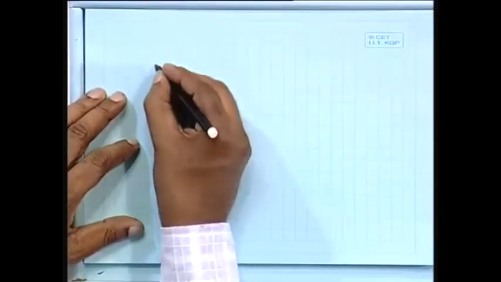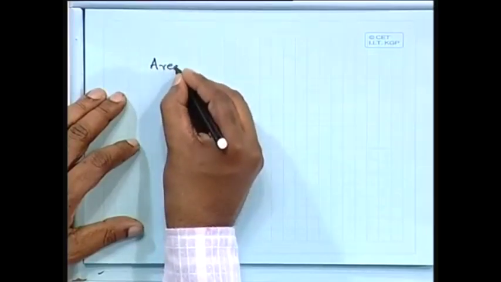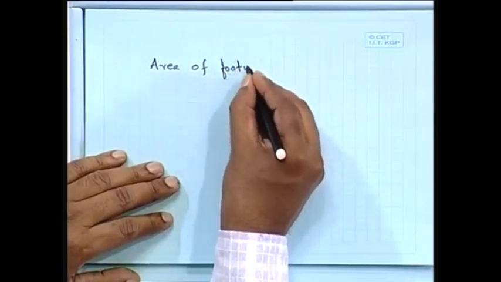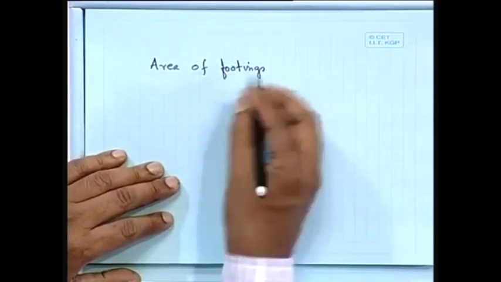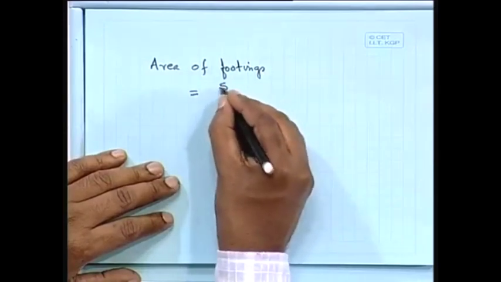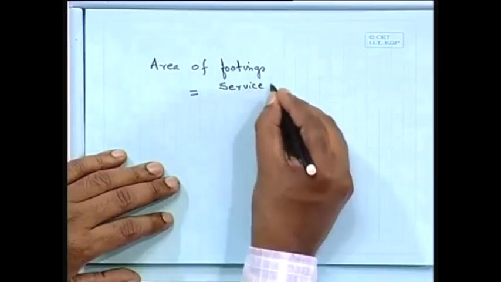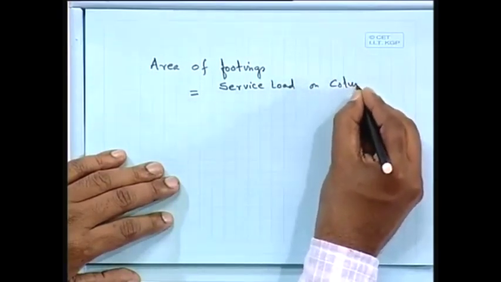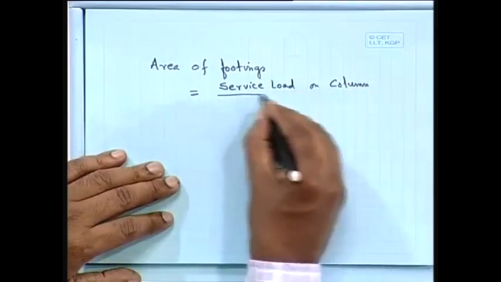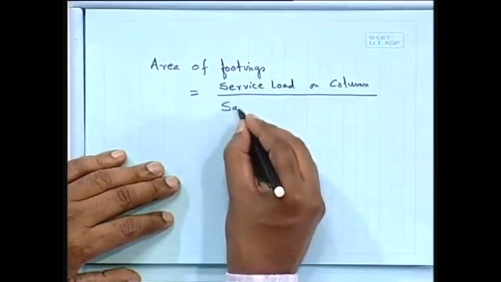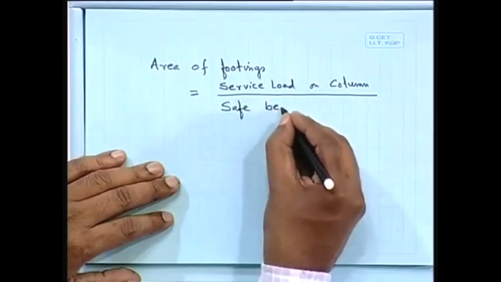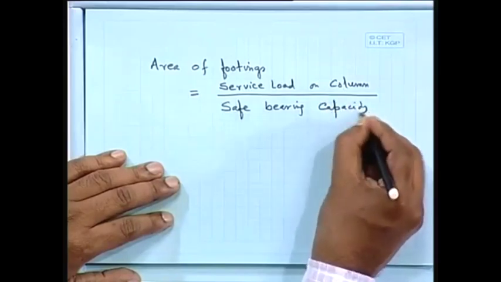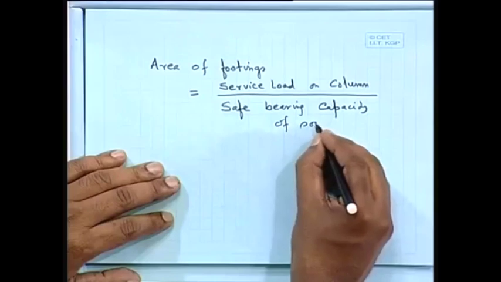Now come back to the area of footings, we have to calculate. So service load on column divided by safe bearing capacity of soil below.